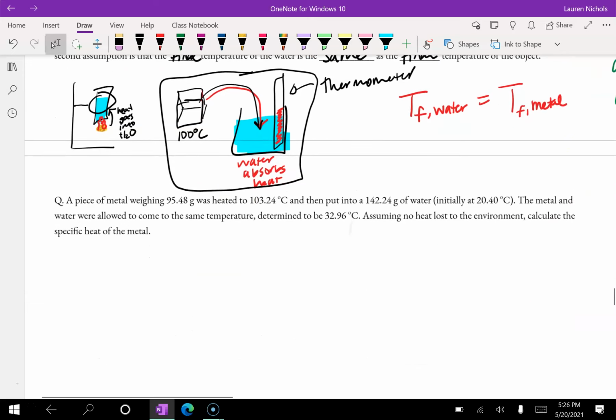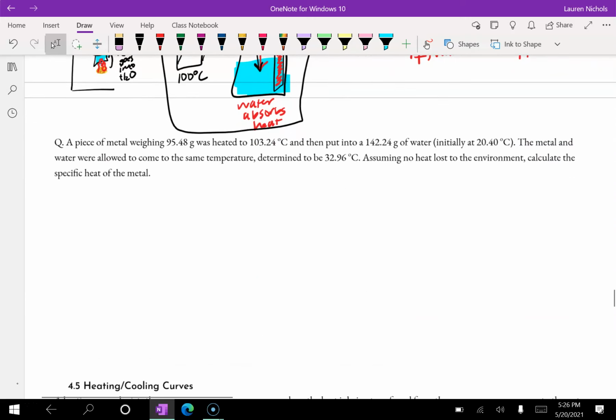So if we look at this first and only question on your study guide, it says we have a piece of metal weighing 95.48 grams and was heated to 103.24 degrees Celsius and then put into 142.24 grams of water that was initially at 20.40 degrees Celsius.